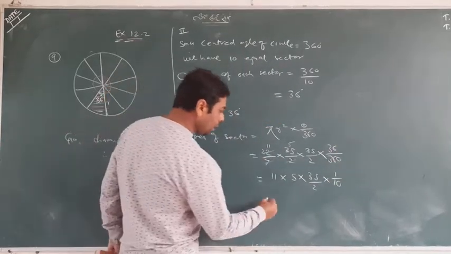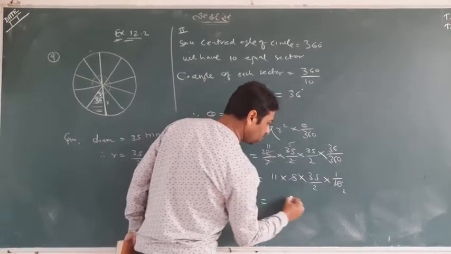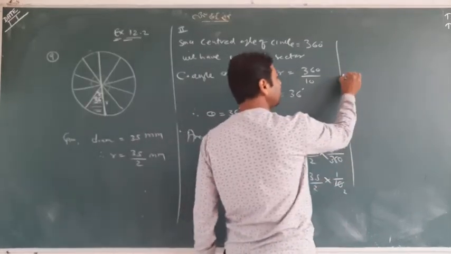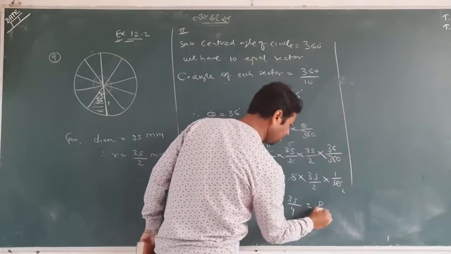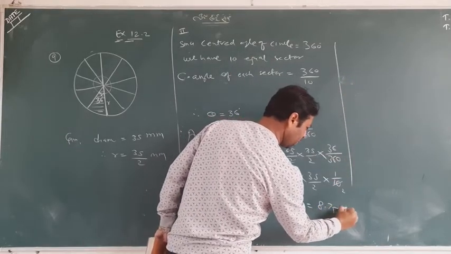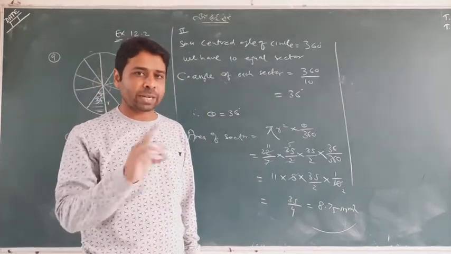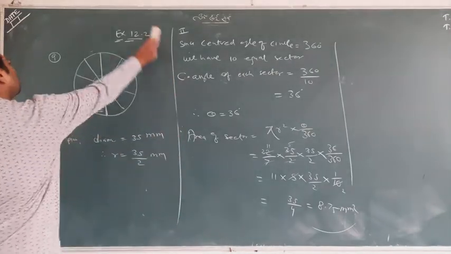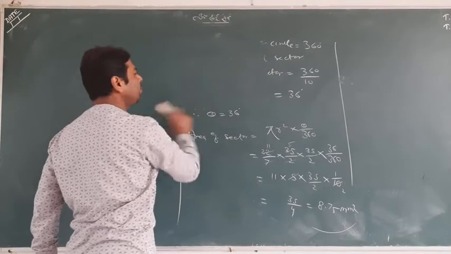Finally, 5 twos are 10, so 35 by 4; you can multiply and divide, and you will get 8.75 mm square. It is the area of one sector. I don't think it's a difficult calculation; it can be done very easily in an easy way.